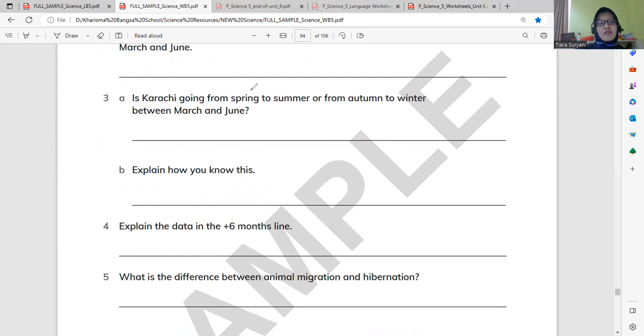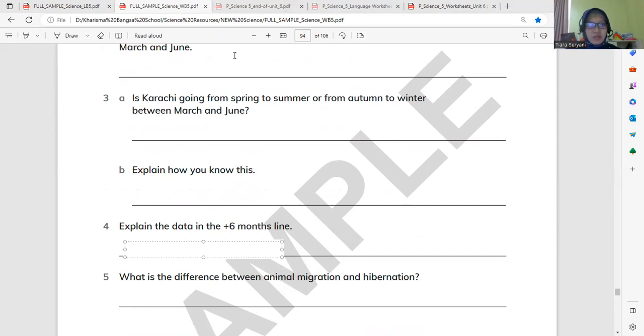So after it passed the summer, and then it enters autumn. And then differences between animal migration and hibernation, you can find it in the glossary of the learner's book.